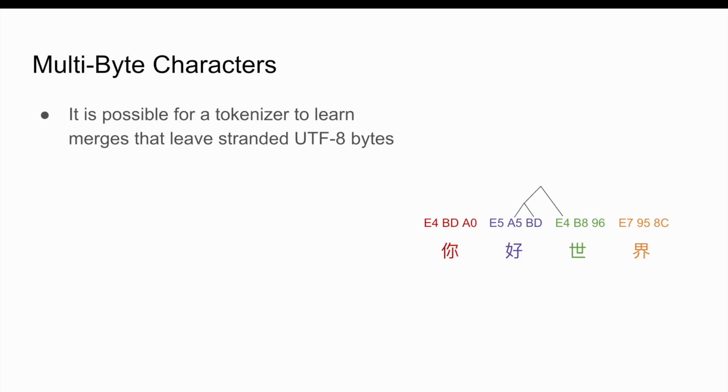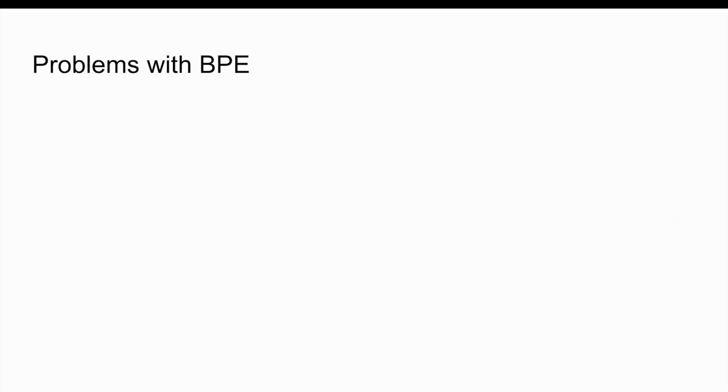Similarly, if a tokenizer learns a merge like this, which crosses a character boundary and is composed of two incomplete UTF-8 sequences, then you're going to end up with more undecodable bytes, and those can have some really crazy cascading effects and lead to really long strings of undecodable sequences, which is really bad.